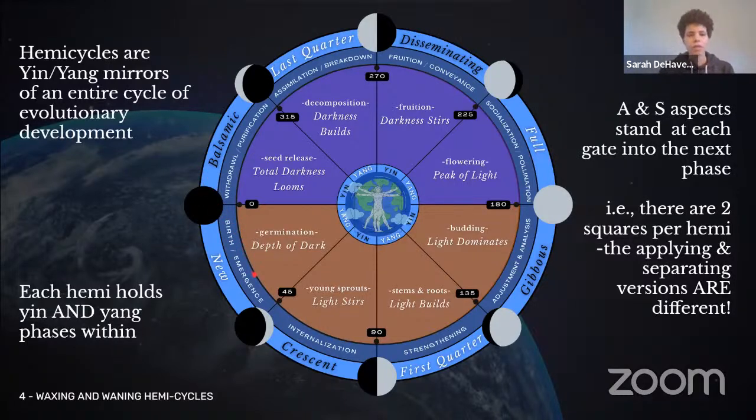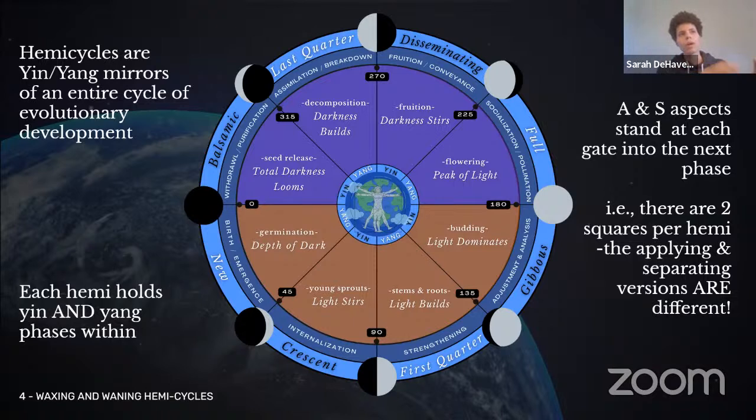The first half cycle is a waxing phase. So from 0 degrees to 180 degrees is the waxing phase. From 180 degrees all the way to the end of the cycle, to 359 degrees and 59 minutes, we'll say, or 360, that's the waning phase. That's when things are starting to die off.